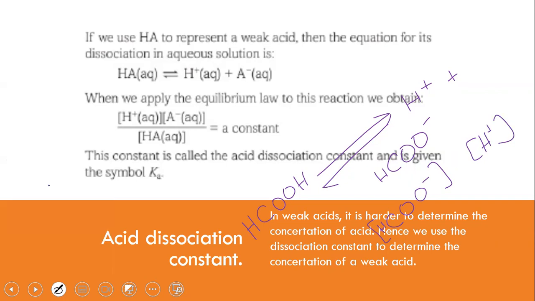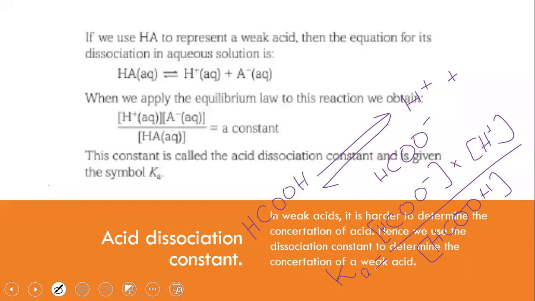So concentration of my methanoate ions multiplied by concentration of hydrogen ions divided by the concentration of the reactant, which is the concentration of your methanoic acid. When I put this formula together, I will end up finding my acid dissociation constant.